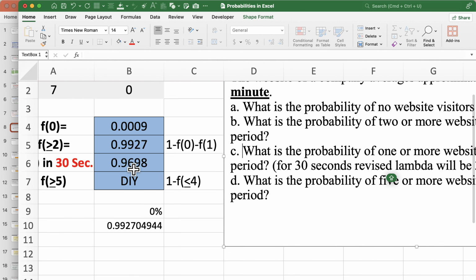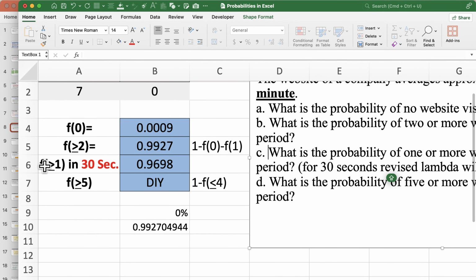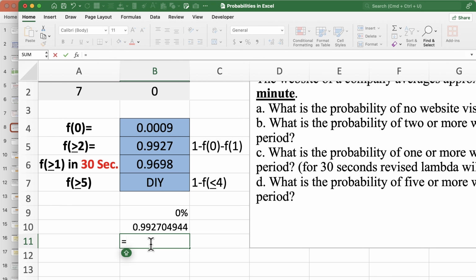And the question is, what's the probability of 1 or more website visitors, which means greater than or equal to 1. I will calculate the probability of 0 and then subtract it from 1. So 1 minus Poisson of 0, and then 3.5 is our new average. It doesn't make any difference if you write false or true because it's 0, and 0 is already at the bottom.